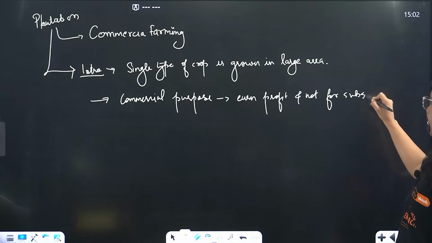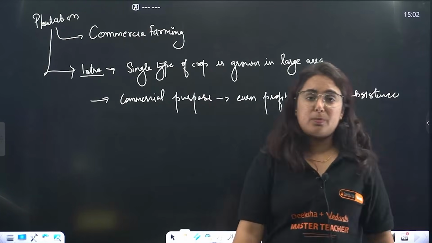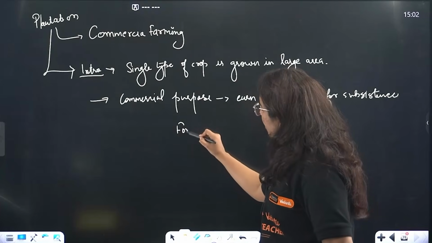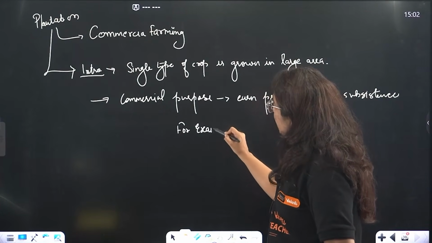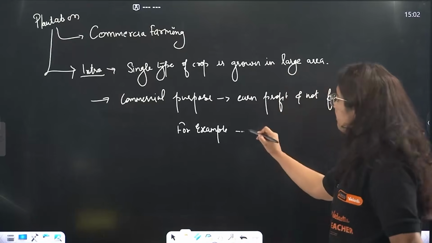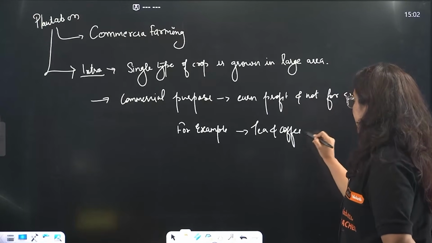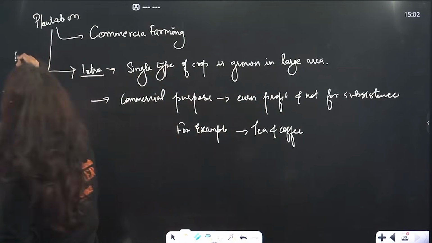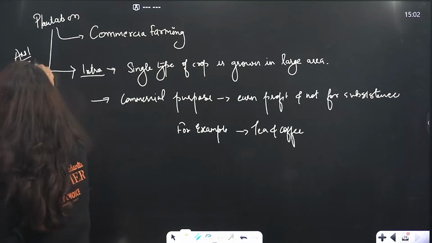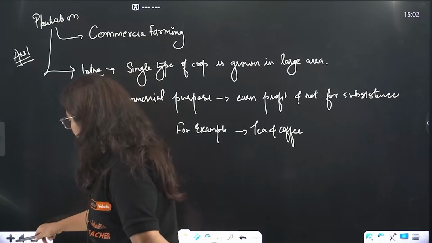Hence, we can call plantation farming a type of commercial farming. Here you can even write examples. The examples are tea and coffee. This can be your answer number 1 of the day. Get it? Chalo, great. Let's move to the second question.